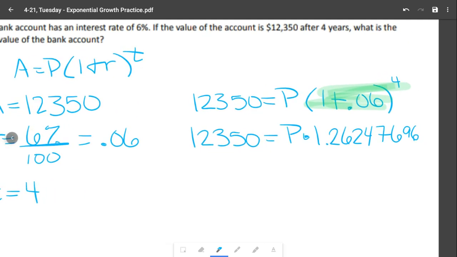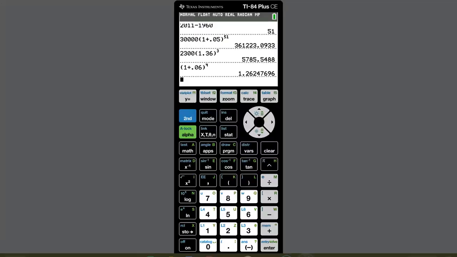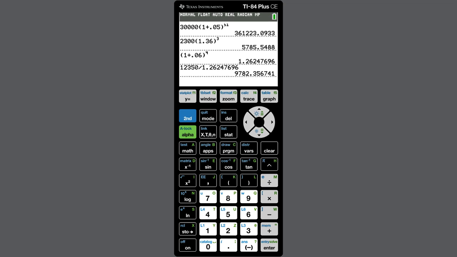This is being multiplied with P. So to finish getting P by itself, we are going to divide this to the other side. So 12,350 divided by this entire decimal.